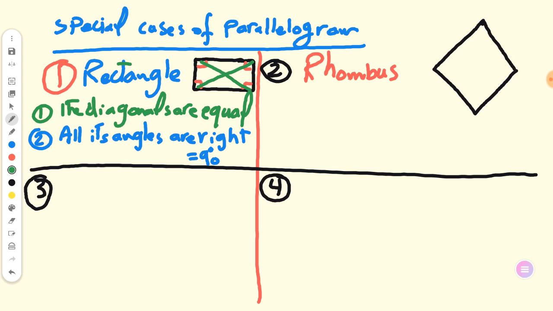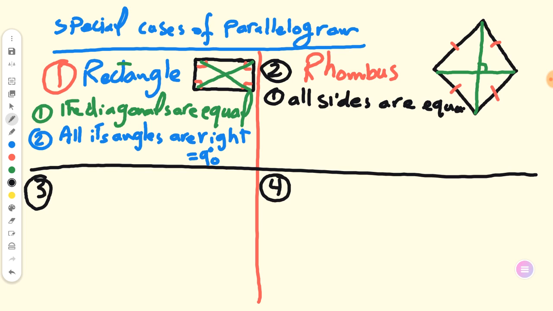And these are the diagonals of the rhombus. All its sides are equal and the 2 diagonals are perpendicular. So 1, all sides are equal. 2, the diagonals are perpendicular.